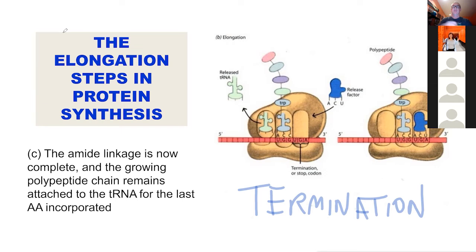And so when a stop codon comes up, there's no tRNA that recognizes it, and so then you're done. It's released. The last tRNA would have added its amino acid, you get to a stop codon that releases the last tRNA, and then you're finished.